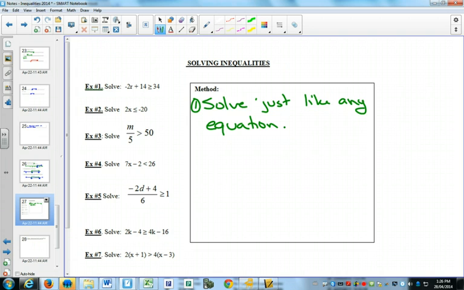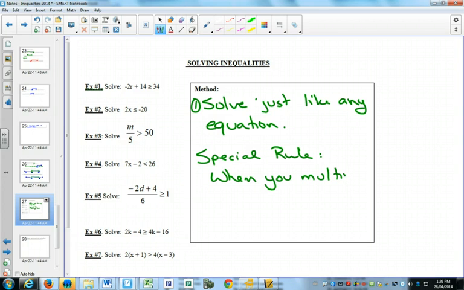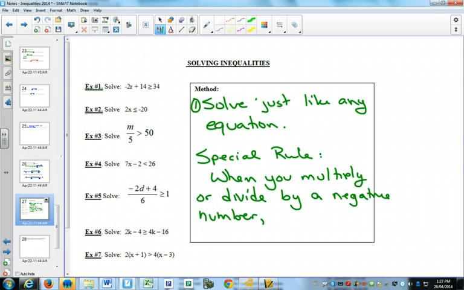There's only one different thing for solving an inequality, and that is a special rule: when you multiply or divide by a negative number, you have to flip the inequality.